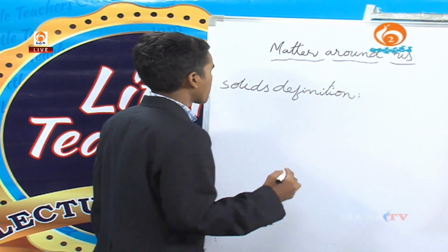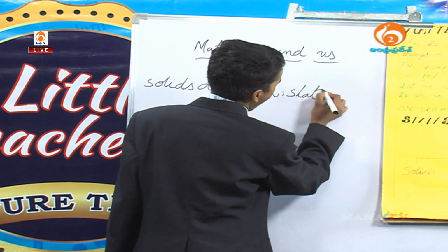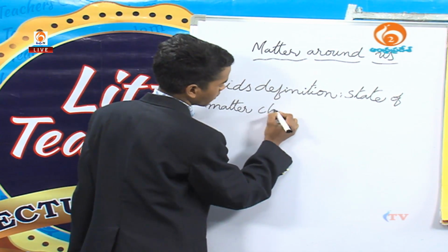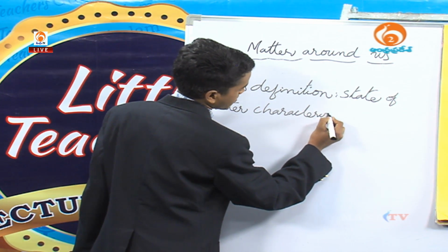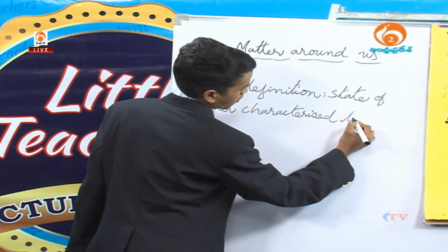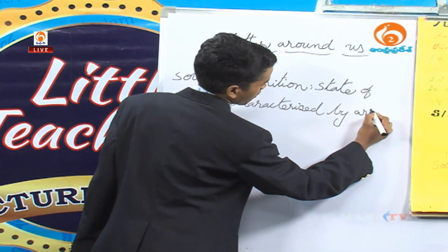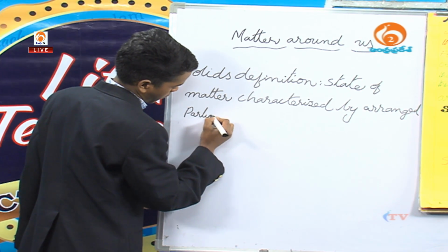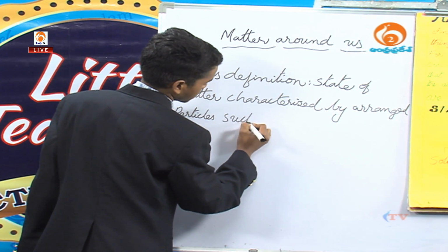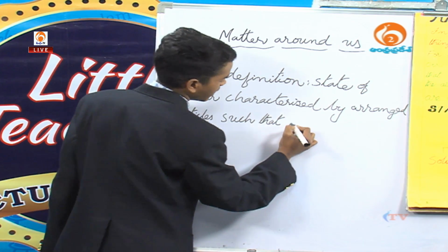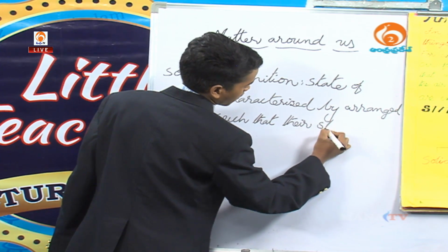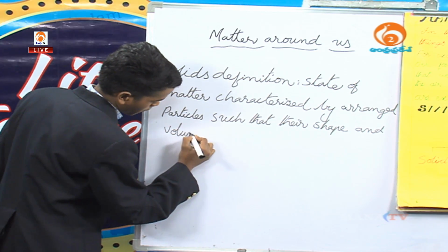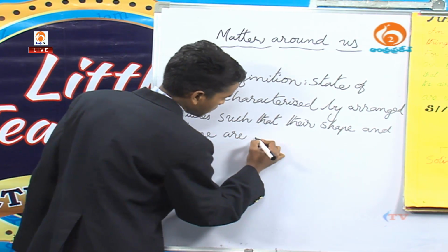Now see here. State of matter characterized by particles arranged such that their shape and volume are relatively stable.